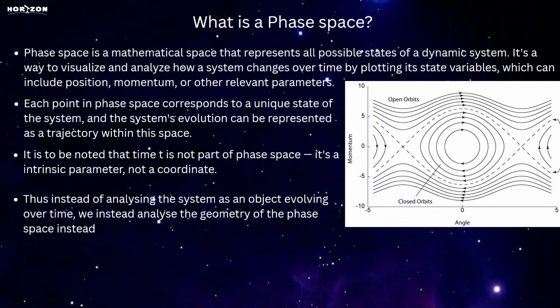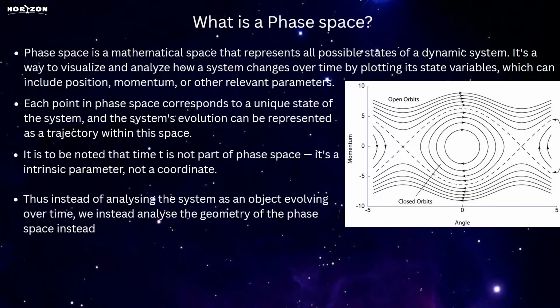Similarly, in a phase space, we generally plot momentum versus position, or angle, or whatever the generalized coordinate will be, and we try to study the dynamics of the system. Each point in a phase space then corresponds to a unique state of a system.